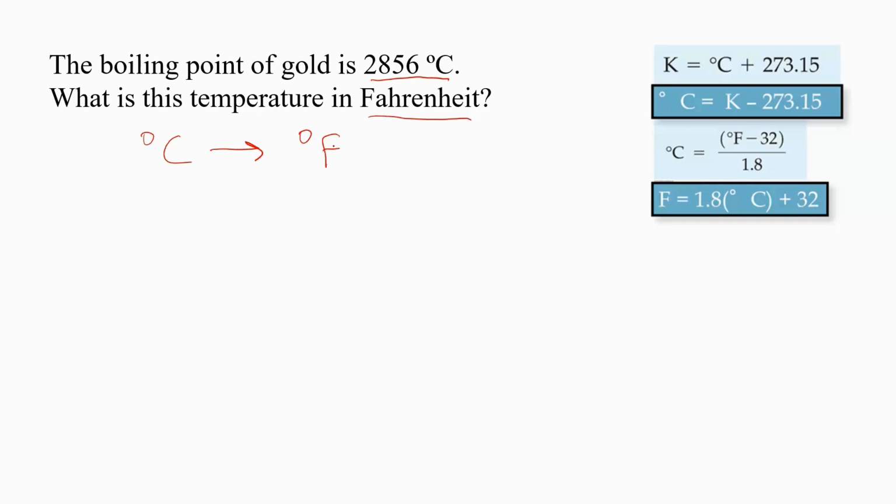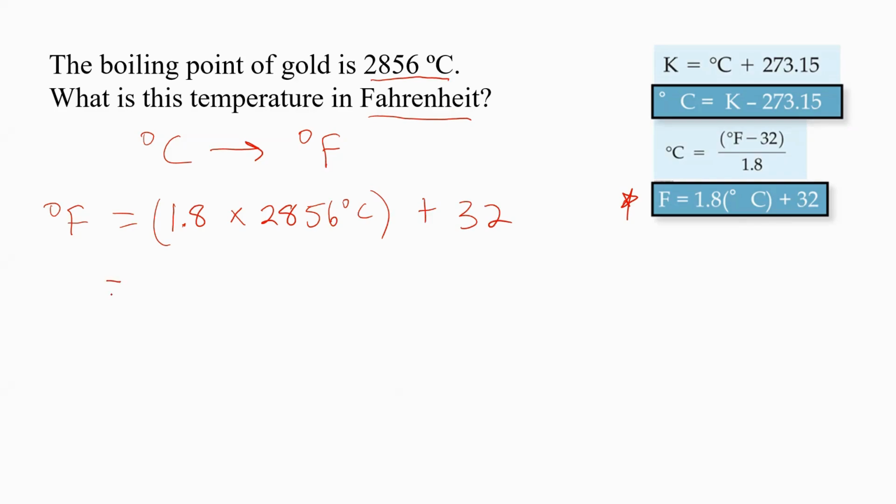So to go from Celsius to Fahrenheit, we would have to use this equation right here. So we would take our temperature in Celsius, multiply that by 1.8, and then we add this to 32.